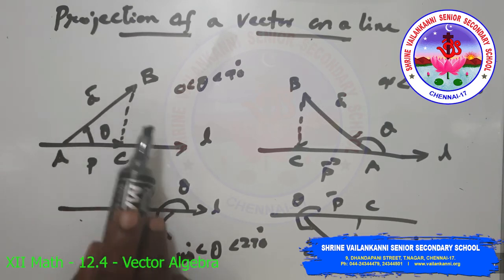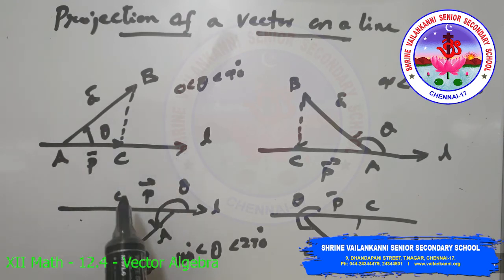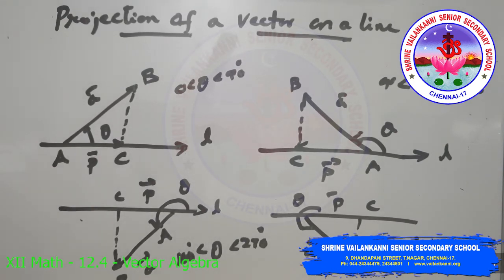Then the projection of AB on l is a vector p with magnitude magnitude of AB cos theta, and the direction of p being the same or opposite to that of the line l, depending upon whether theta is positive or negative. So vector p is called the projection vector, and its magnitude p is called the projection of the vector AB on the directed line.